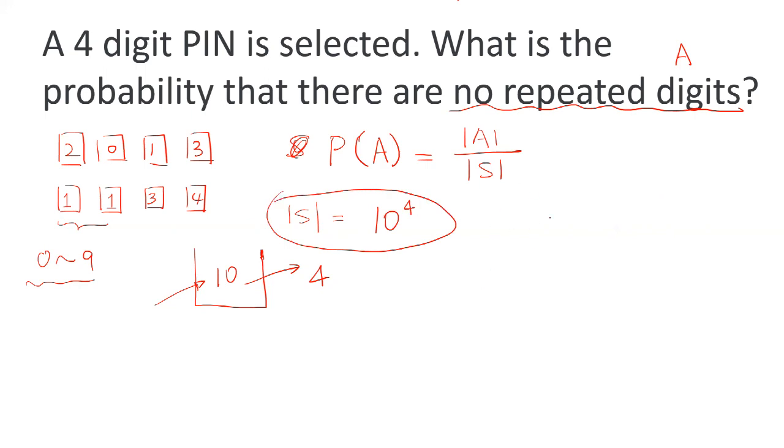Now let's consider sample points in the event. In this event, we choose 4 out of the 10 different digits, and the requirement is we cannot have repeated digits, right?